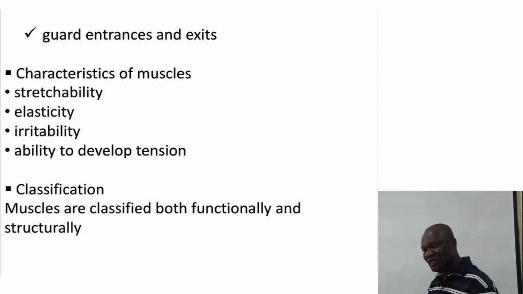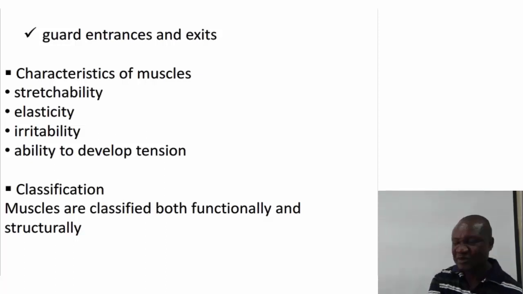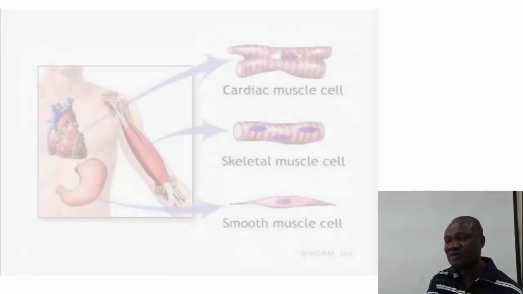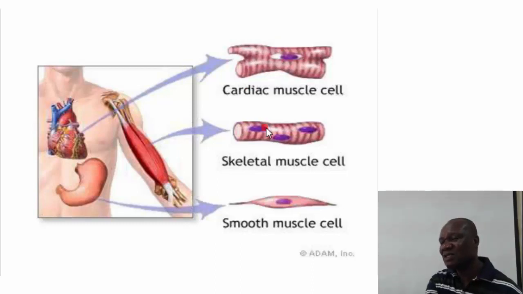Now, classification. Muscle can be classified functionally or structurally. Now, functionally, muscle can be voluntary or involuntary. Then structurally, it can be striated or smooth, that is, without striation. Now, there are 3 types of muscle. These are skeletal muscle, which is striated and voluntary, and these attached to the skeleton.